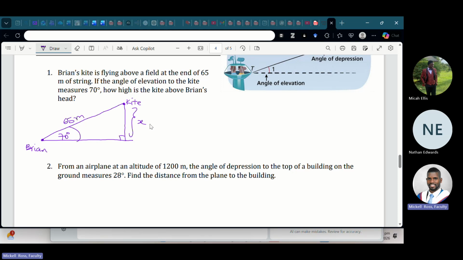So we need to know this distance. Based on this shape, this is going to be the opposite side. And this side over here, which is the string, is going to be the hypotenuse. So sine of 70 degrees is going to be equal to the opposite over the hypotenuse.